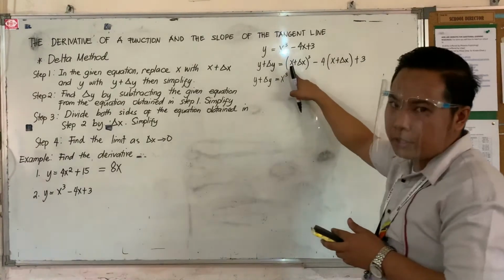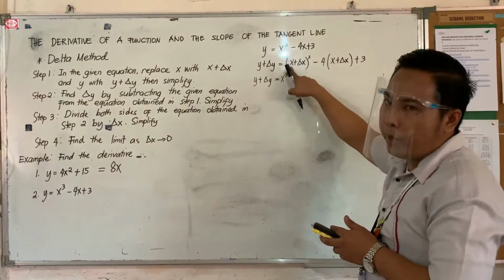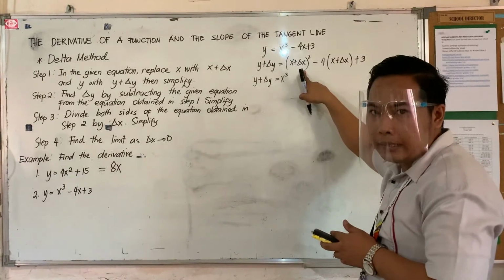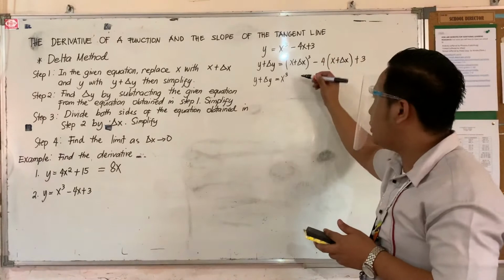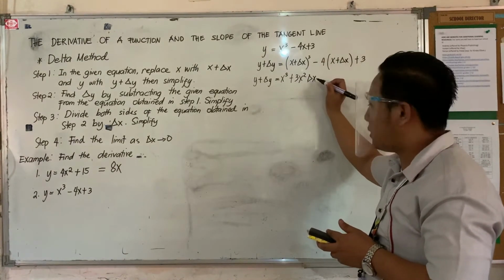Okay, cube the first term, x times x times x. Sunod, square of the first term, so that is x squared, times the second term, delta x. So, we have now x squared delta x times the exponent 3. So, we have 3x squared delta x.